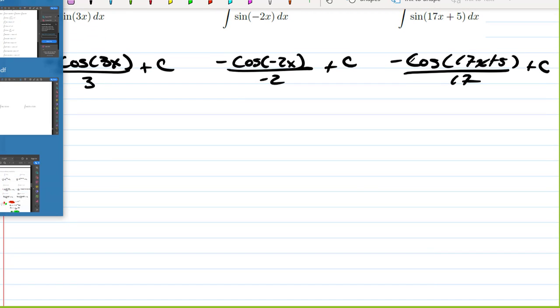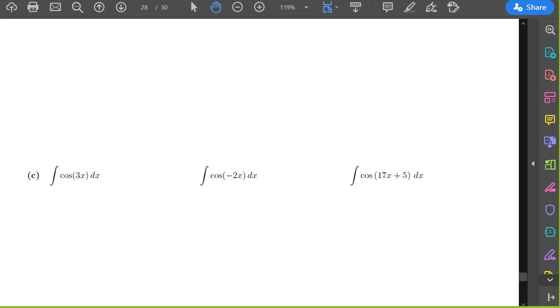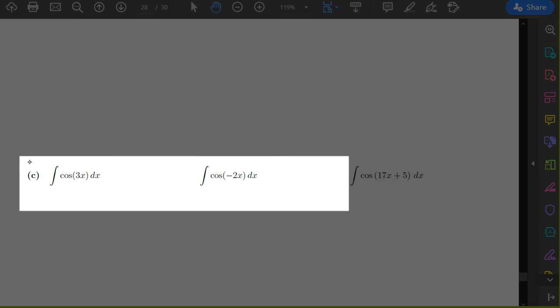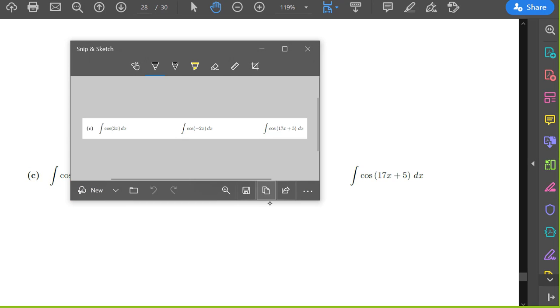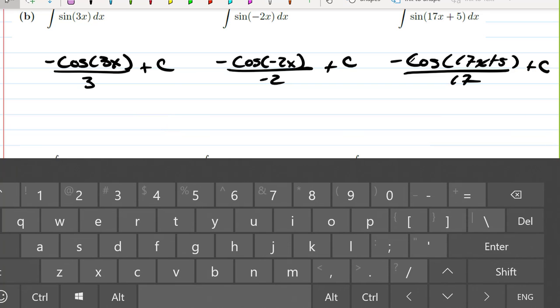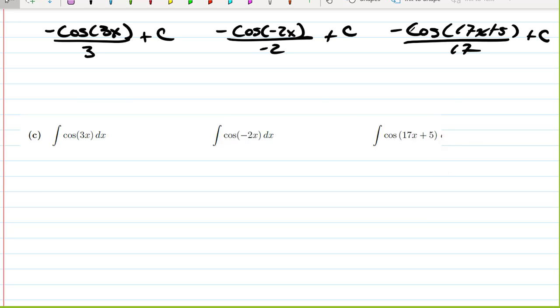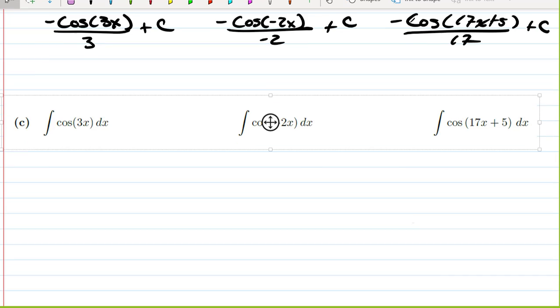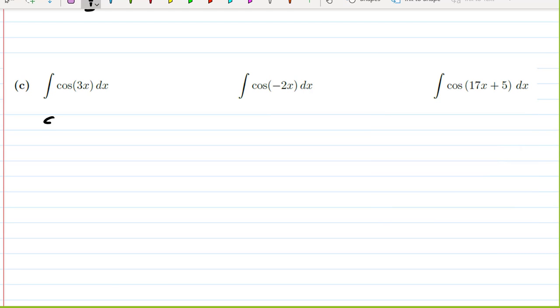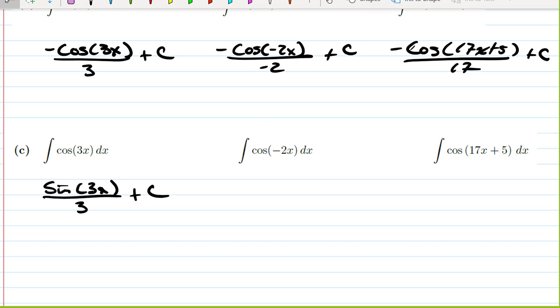So if we continue to our last row, we're going to get something very, very similar. So the antiderivative of cosine is sine, so we're going to get sine 3x over 3 plus c.